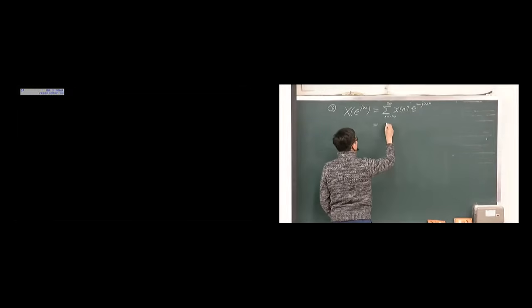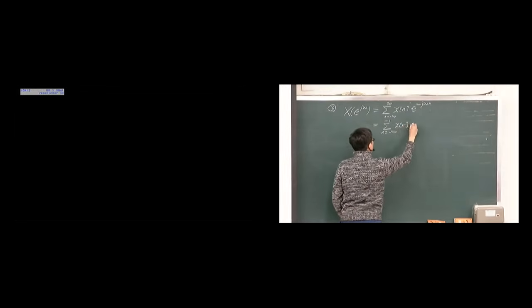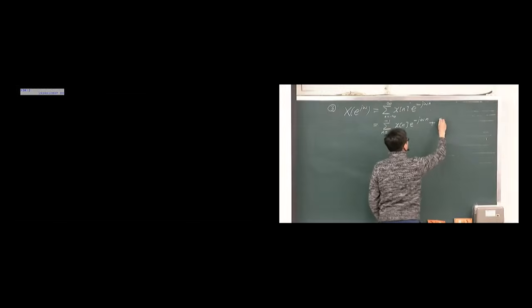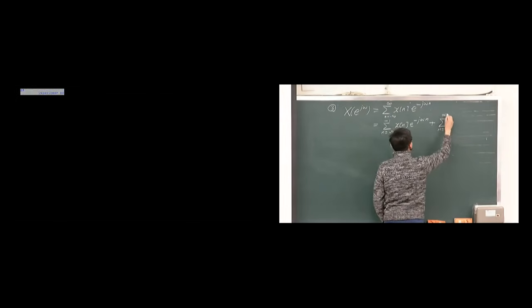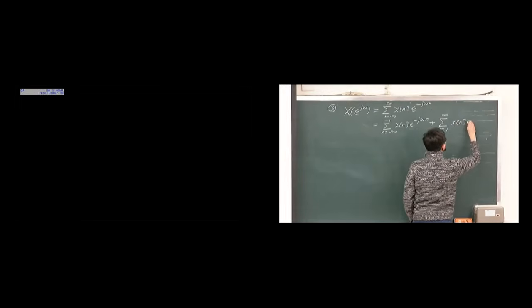The first part is the negative time part, x[n] e to the minus j omega n. And the second part is the positive time part from 1 to infinity, x[n] e to the minus j omega n.